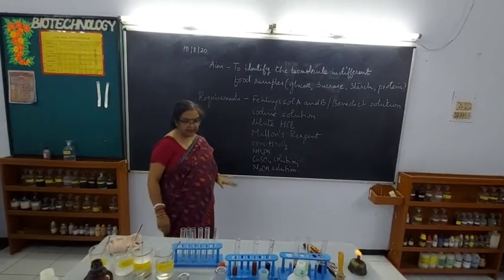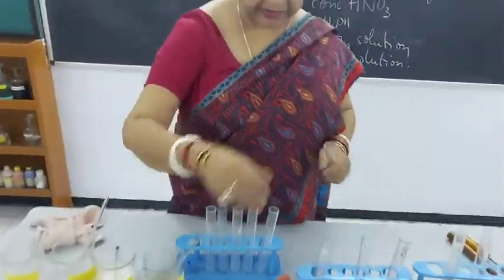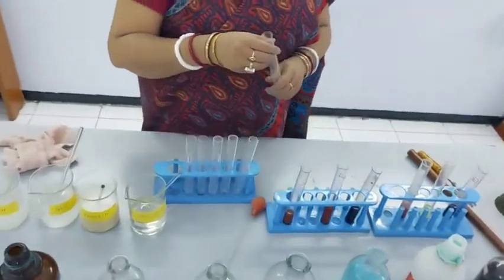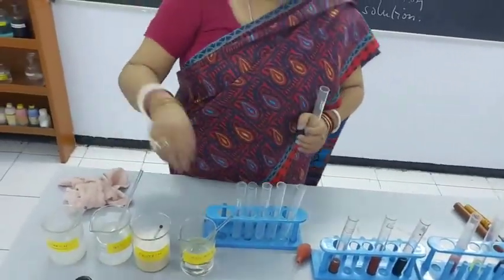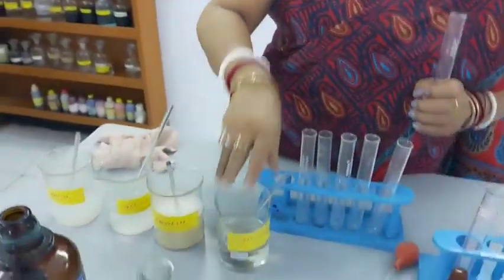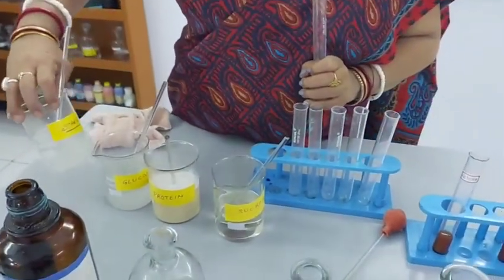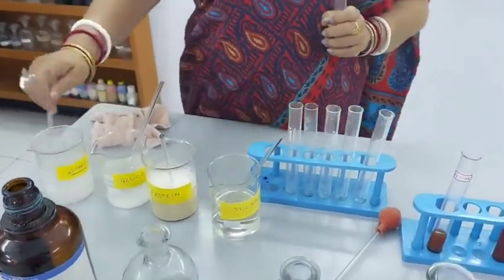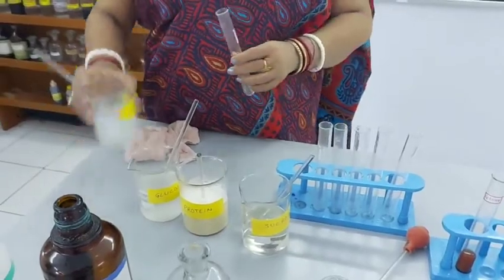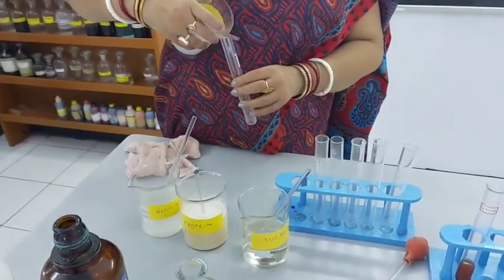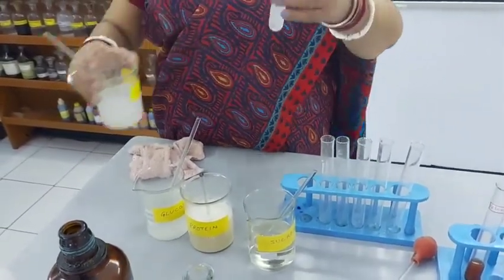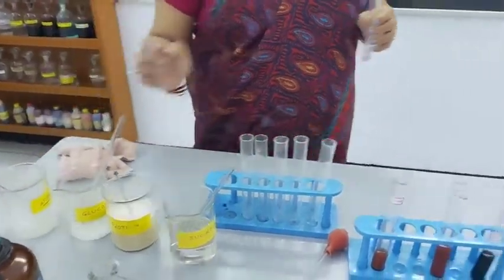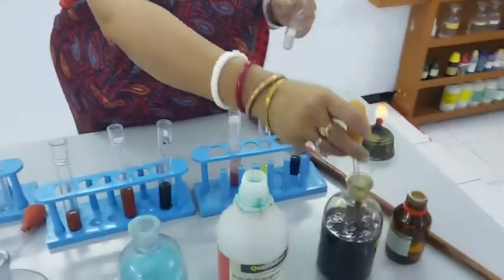Now first we will take the test tube and we will take the samples of glucose. No, starch we will take. So this is starch solution. We will take about just 1 ml of the starch solution and we will add few drops of iodine.